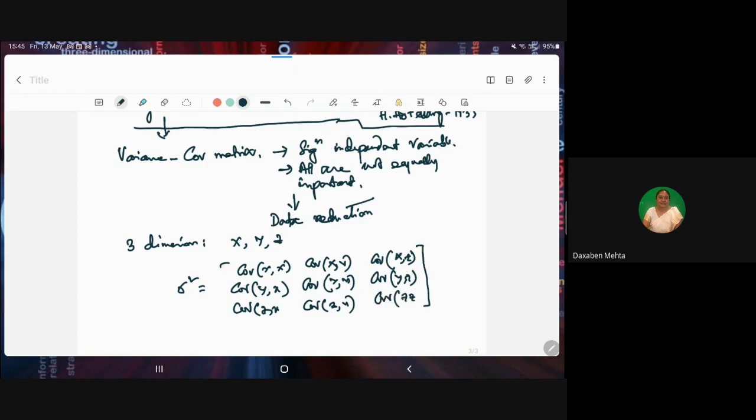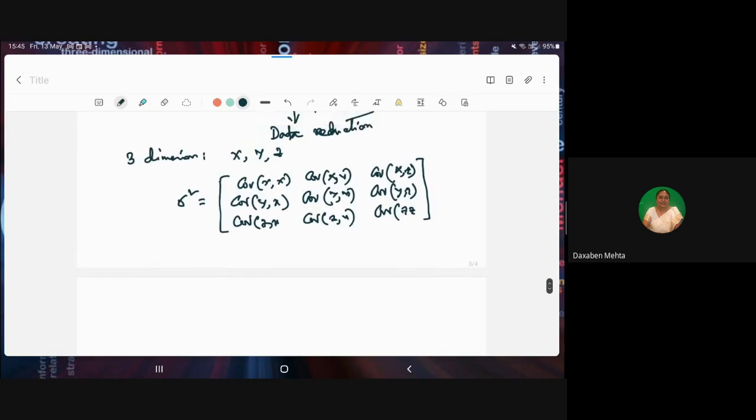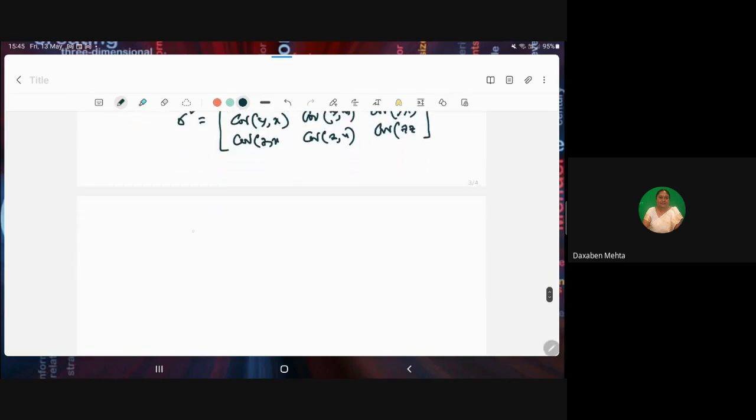This is the variance covariance matrix, and when we deal with software, it comes this way. Suppose the values are 4, 3, 2, 5, 1, and 4. These values are not the same. So diagonal values are the variances, and the off diagonals are the covariances.